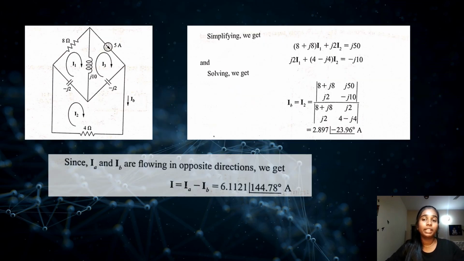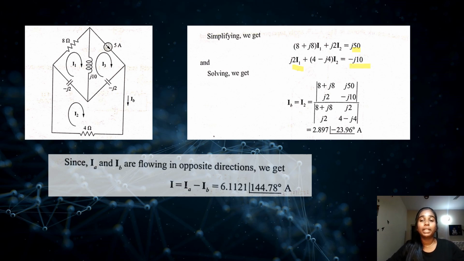On simplifying, we get (8 plus j8) I1 plus j2 I2 equal to j50. And then we get j2 I1 plus (4 minus j4) I2 equal to minus j10.